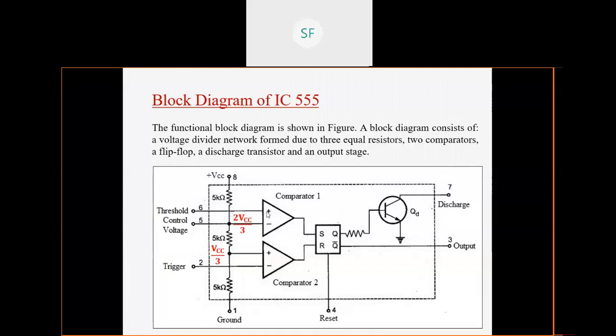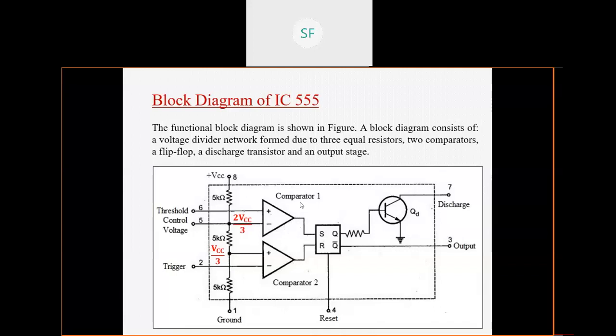Alright. So you can see that this non-inverting terminal of comparator 1 is nothing but the threshold pin, and the inverting terminal of comparator 1 is the control voltage, which is set to 2 by 3 VCC. Is it okay? Now similarly you have to just observe the comparator output. This is your comparator output.